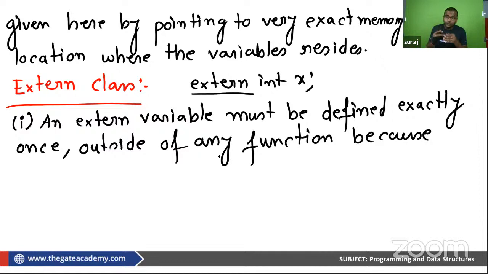Since it is defined only once and outside of any function, that's why it is going to have a different memory location. If it were defined in a function, then it would be in the stack, but it is defined outside of the function. That's why it is going to have a different memory location, that is the data segment, where it gets its storage.